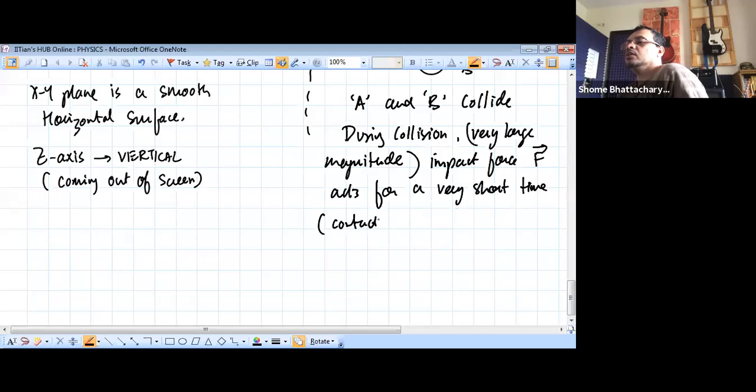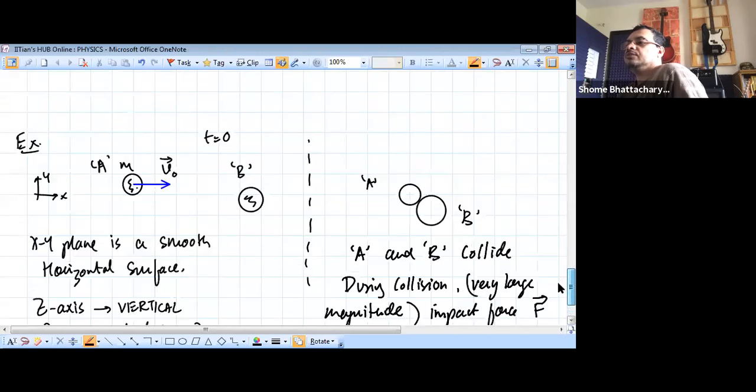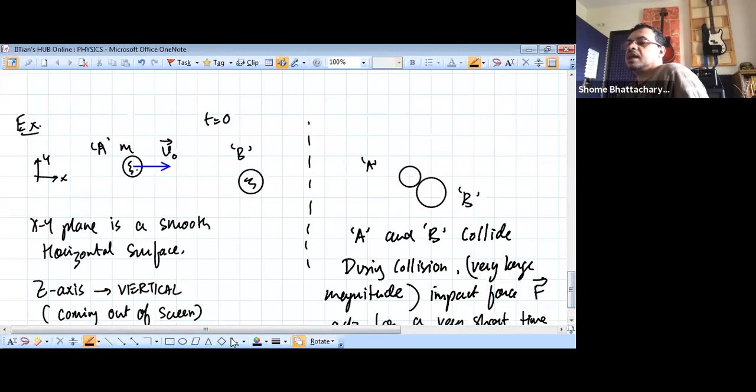The bodies are in contact for a very short duration of time, delta t. Okay. So that force will act on A in which sort of direction?